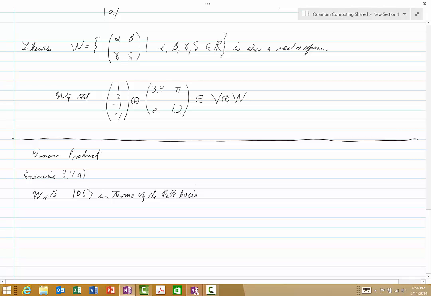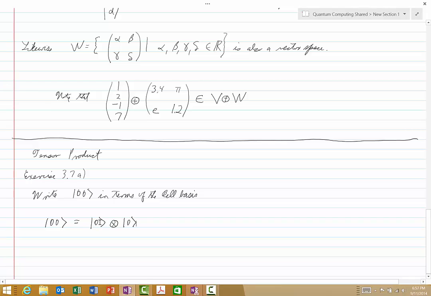Now, what we should remember is, what does this |0,0⟩ mean? Well, |0,0⟩ is a shorthand way of writing the tensor product of the zero ket in one state with the zero ket for another state.